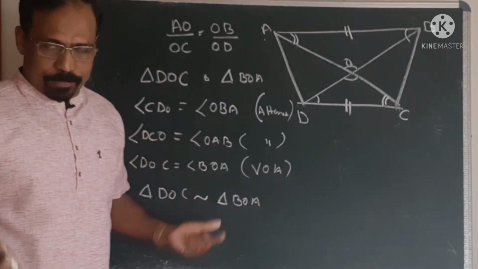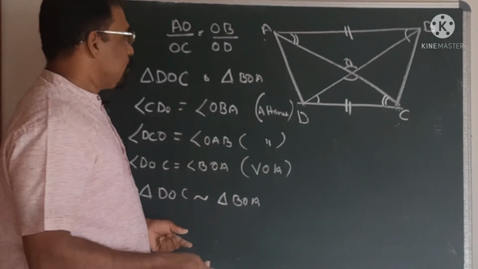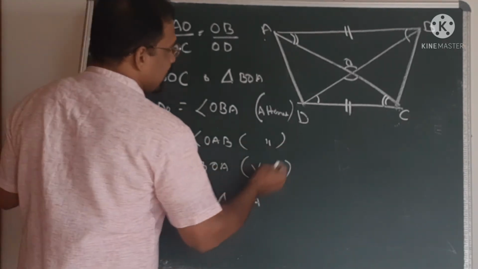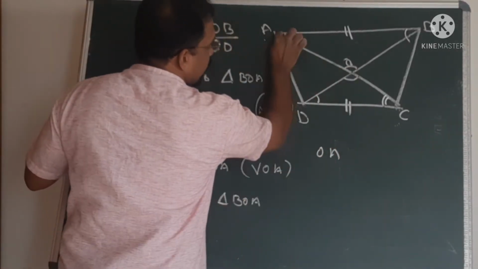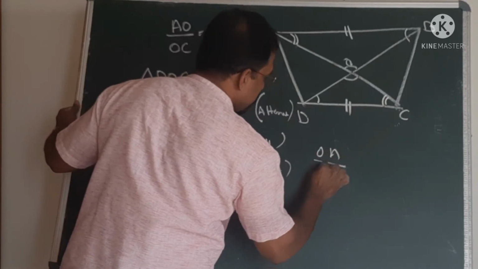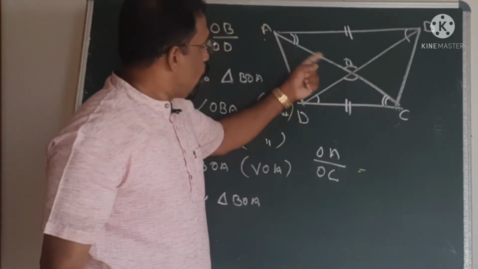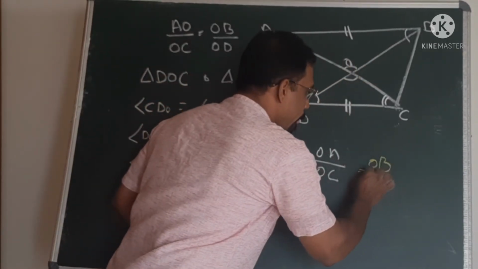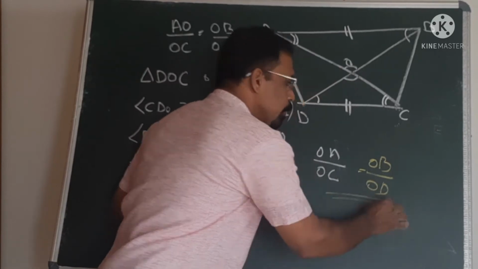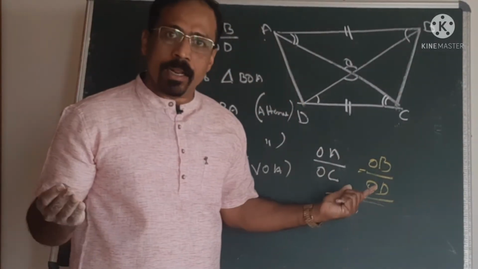If they are similar, then their corresponding sides are proportional. That means, what are the corresponding sides? OA by OC is equal to OB by OD. This is what we have to prove. The reason is corresponding sides are proportional.